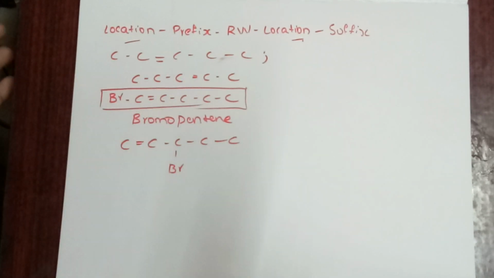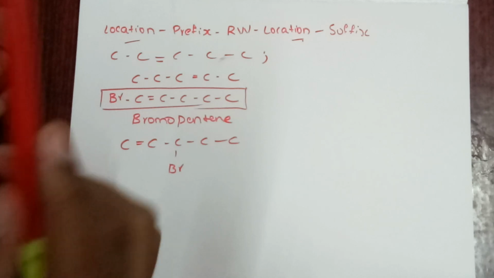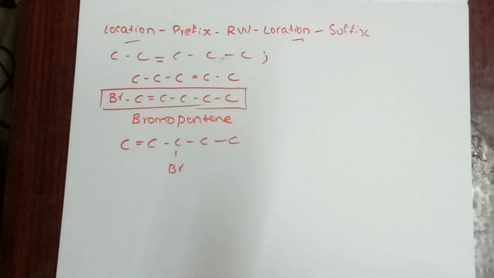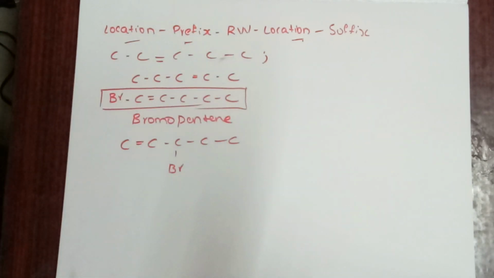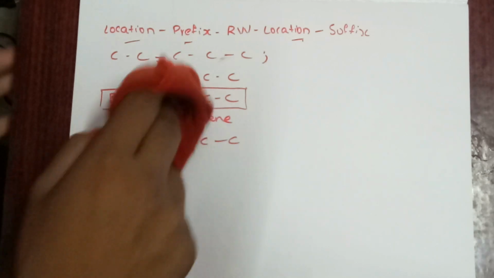And for this also we need clarity about where this Br is and to which carbon it is bonded in the whole chain. For that clarity we are going to give a location for this prefix also. And now we'll solve some problems related to this. We'll start with the simple sums and go till the complicated sums.